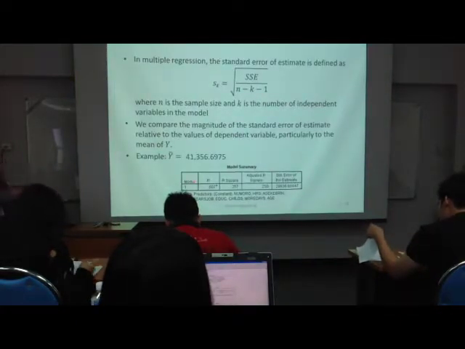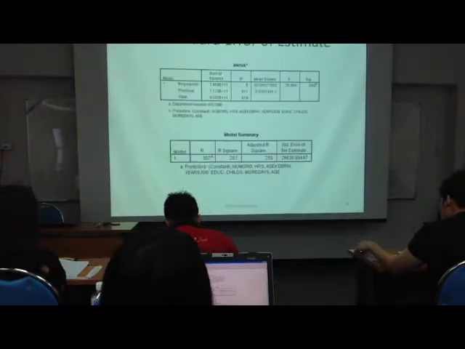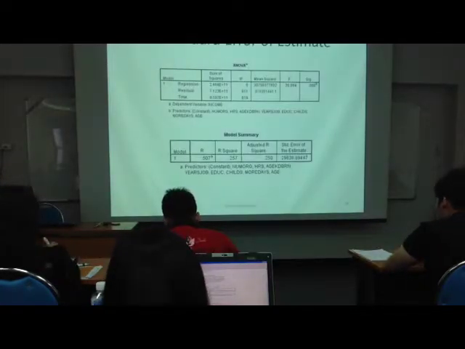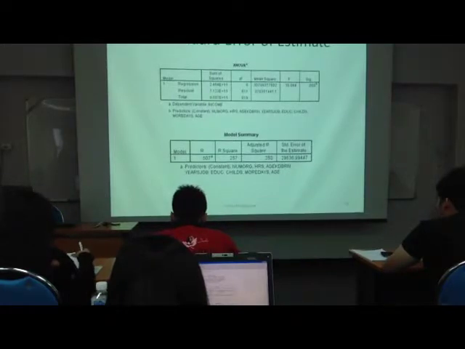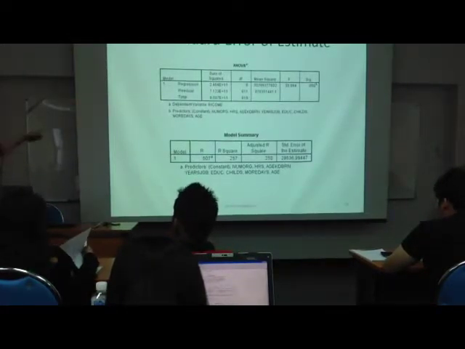Suppose that you don't have this model summary. Suppose I give you the ANOVA table instead. You can also find the standard error from the table.